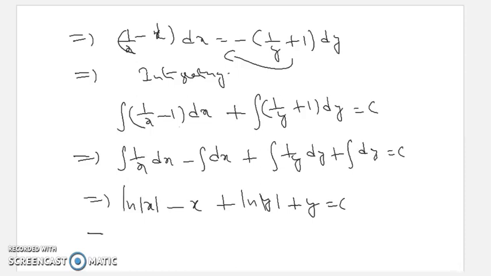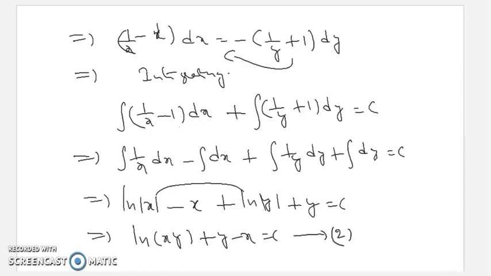Now, from these two, ln a plus ln b form, we write ln of xy plus y minus x is equal to c. This is the solution.